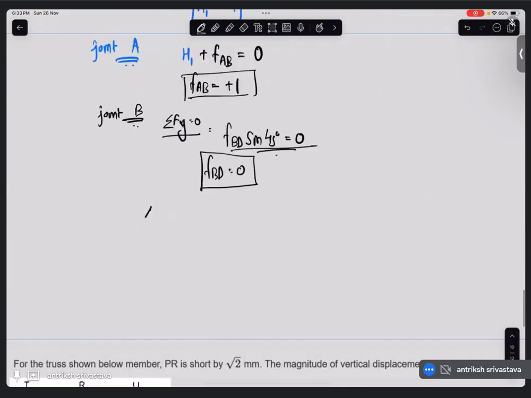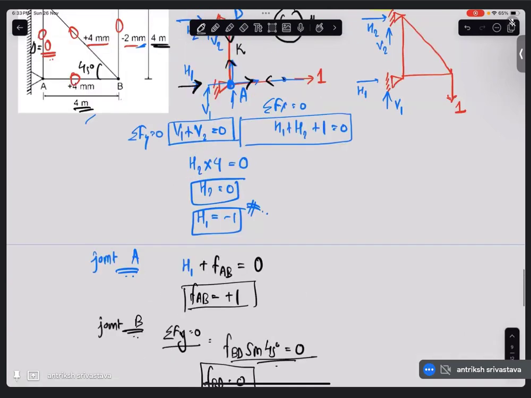So let's write delta B horizontal. What is it? FAB into delta AB plus FAD into delta AD. FAB is 1. Delta AB is how much? Plus 4 mm.